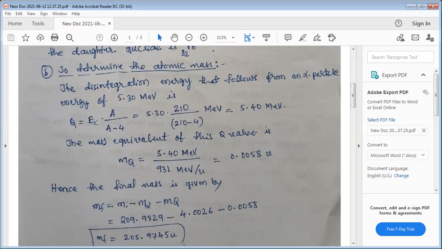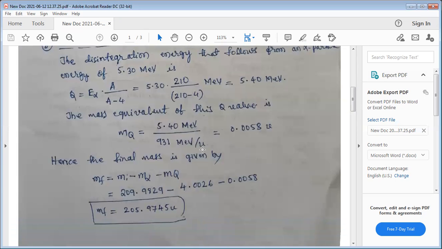Q is equal to E alpha times A divided by A minus 4, where E alpha is the energy of the alpha particle, and A is the mass number of the parent nucleus, and A minus 4 is the mass number of the parent nucleus minus 4. Simplifying, this gives 5.40 MeV.